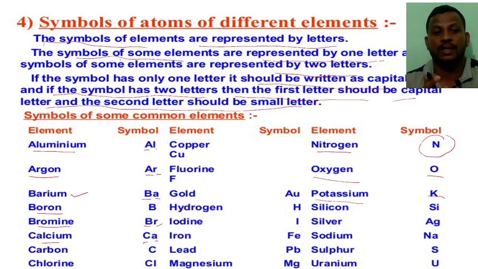Atoms have the same properties as their elements. John Dalton is the scientist who proposed the atomic theory, which relates to atoms.